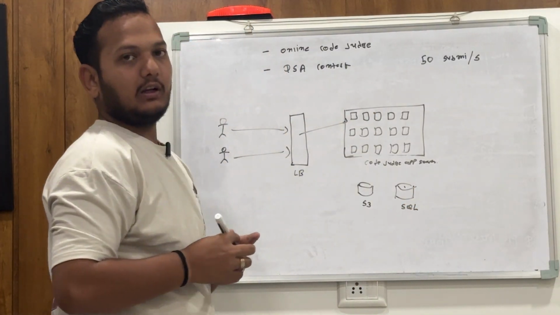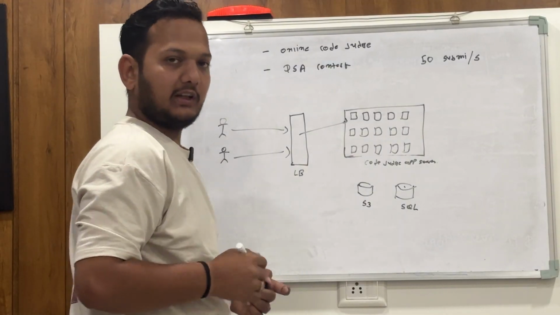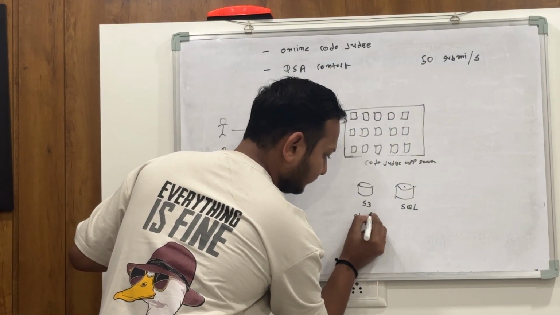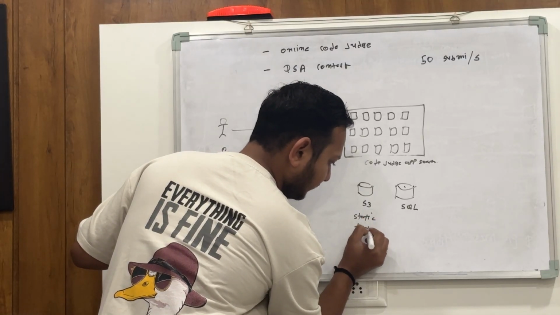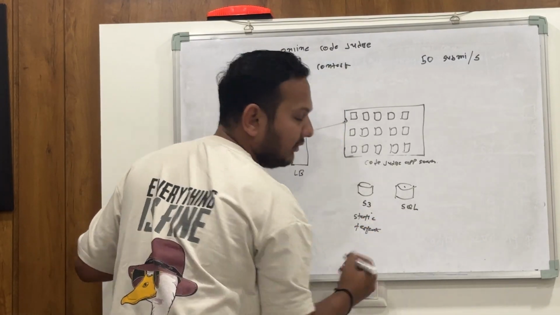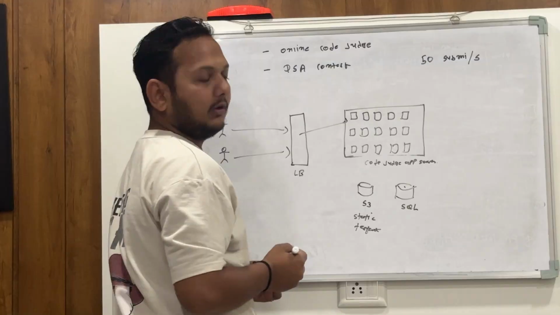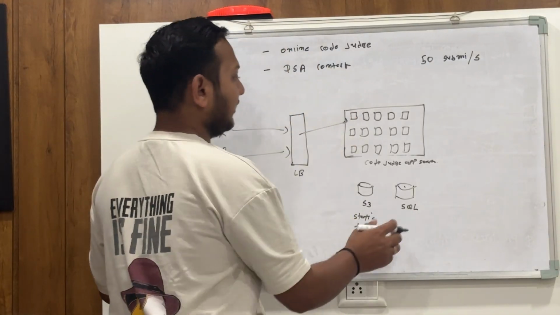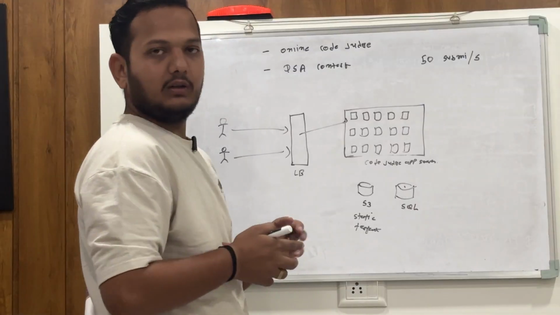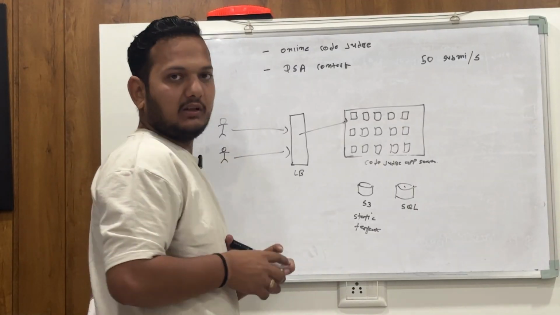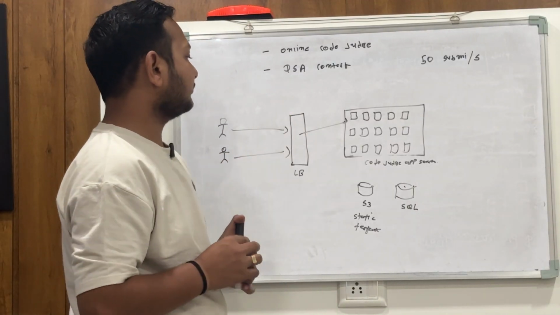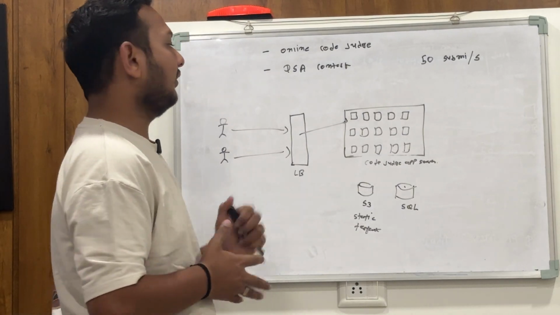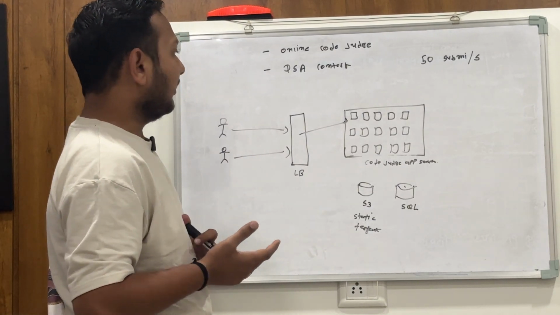In S3 we will store the static test cases, and in SQL we store all the information of users, contests, and participants. In that way we prepare this kind of architecture for the online code judge software.